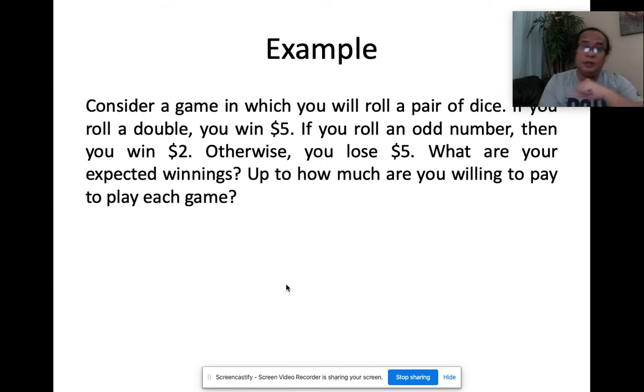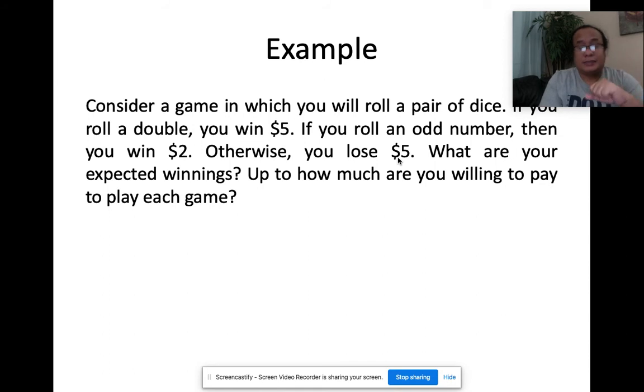Since you're talking about a pair of dice, you have 1, 2, 3, 4, 5, 6, and 1, 2, 3, 4, 5, 6. Now your random variable x here is your expected winnings. The possible values are $5, $2, or you lose $5, which is negative.